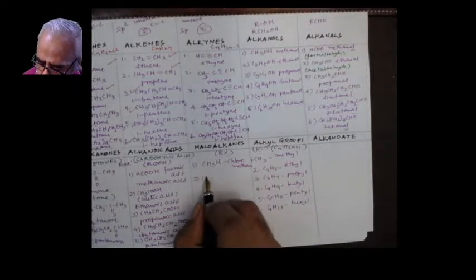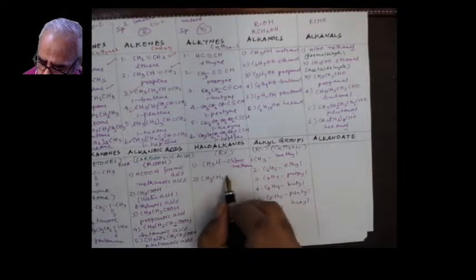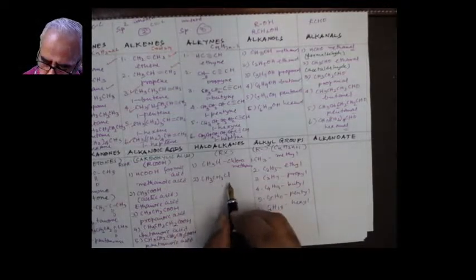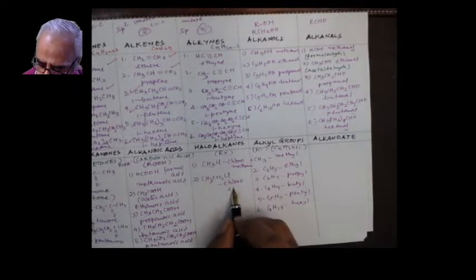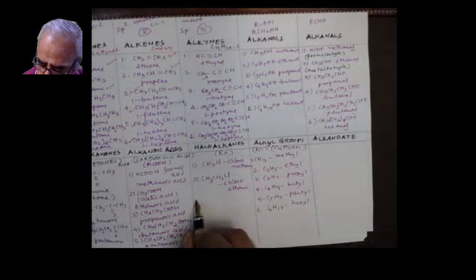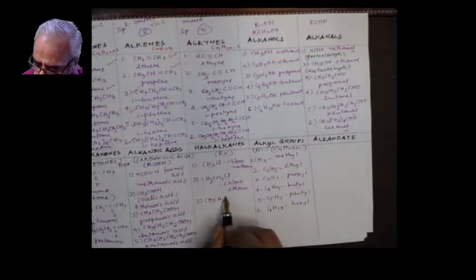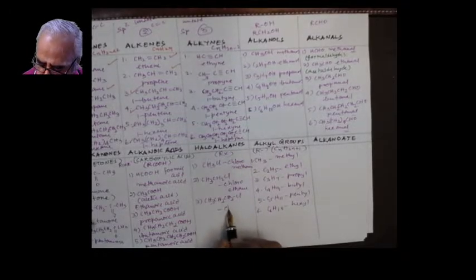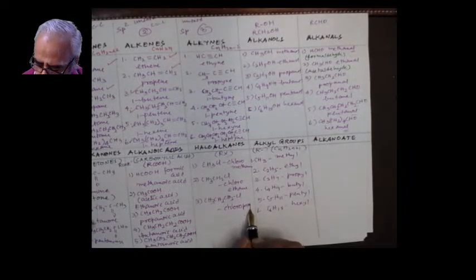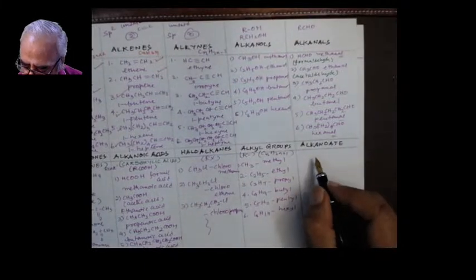Similarly, CH3CH2Cl, chloroethane. CH3CH2CH2Cl, chloropropane. And so on.